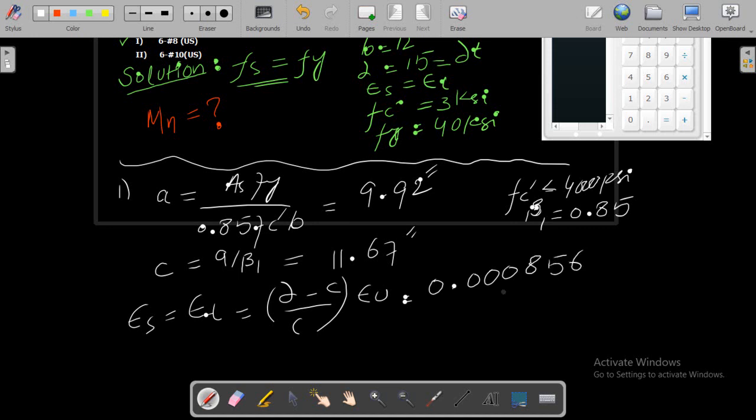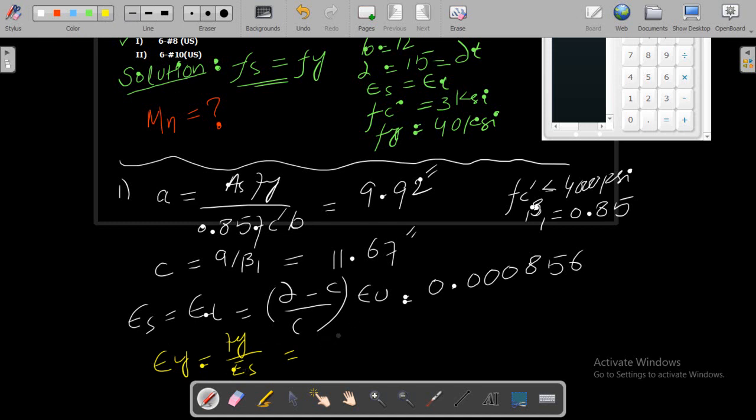Now if we calculate the value of epsilon y, that is nothing but Fy divided by the modulus of elasticity of steel. We know this is 40 and this is 29,000.